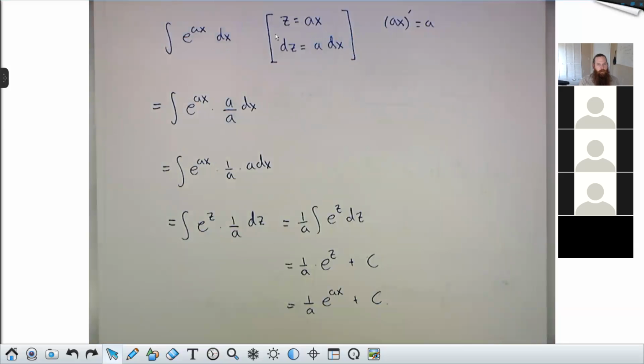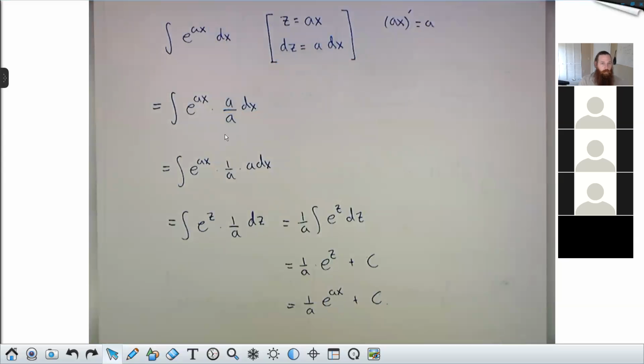In order to change my variable into z, I need to change my dx's into dz's. But dz isn't equal to dx, it's equal to a times dx. And I don't have an a that I can group with this dx right now. But if I multiply by a over a, then I can take this a from the upstairs and group it with the dx.